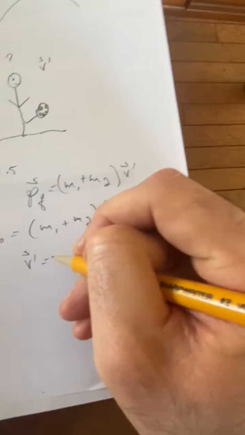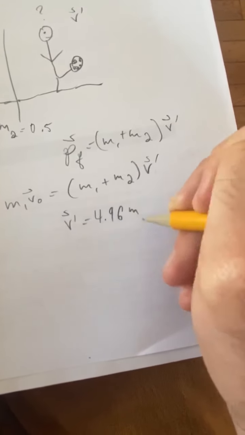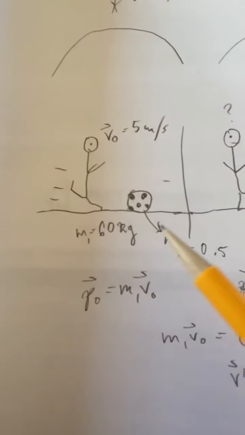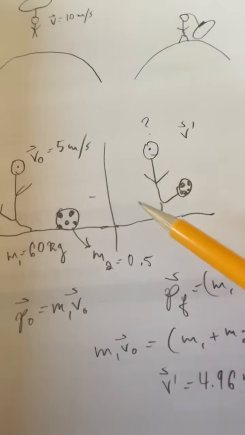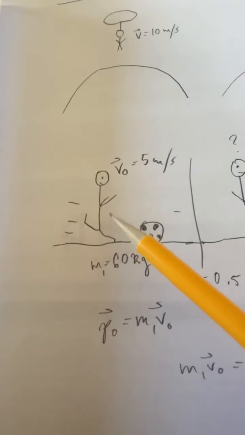So v prime is 4.96 meters per second. So it makes sense. After our soccer player kicks the ball and the ball sticks, they keep moving together, but they move a little bit more slowly than the soccer player was moving initially.